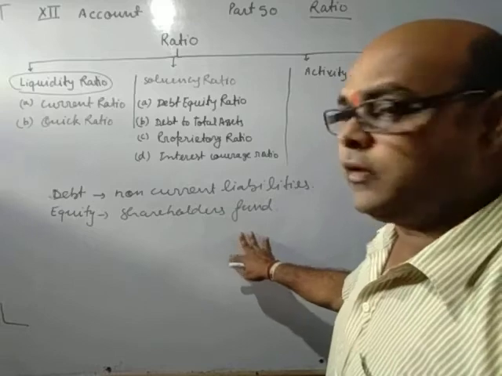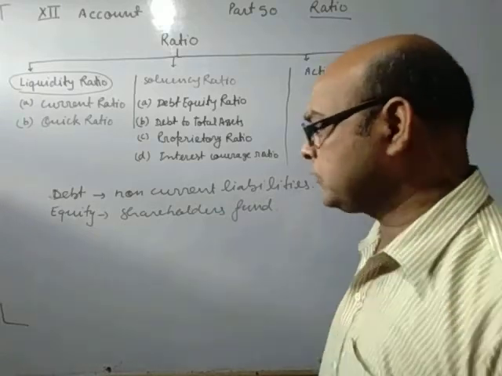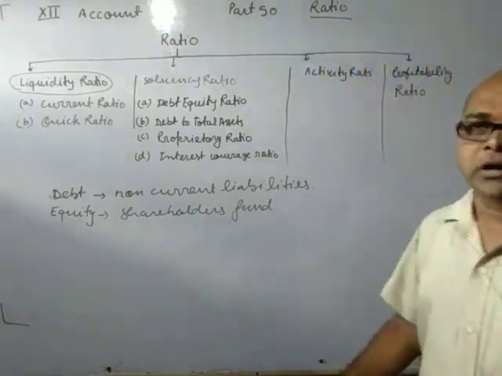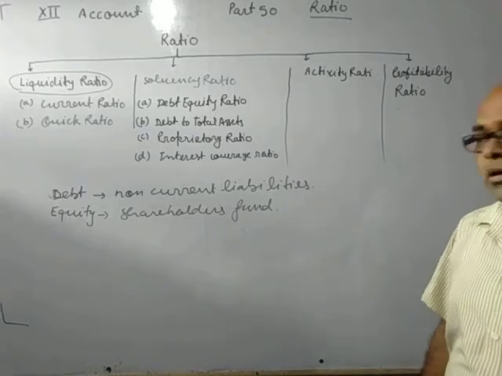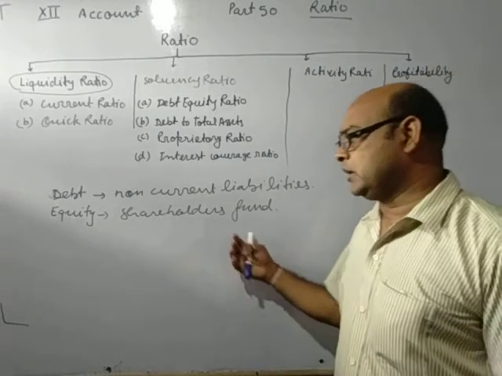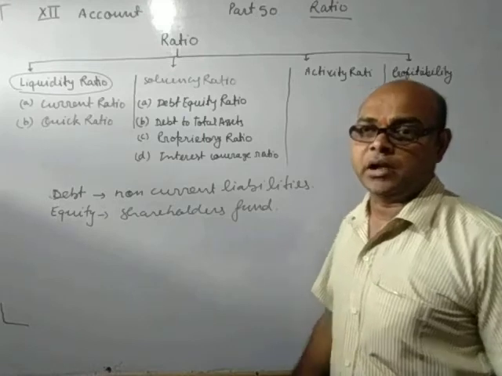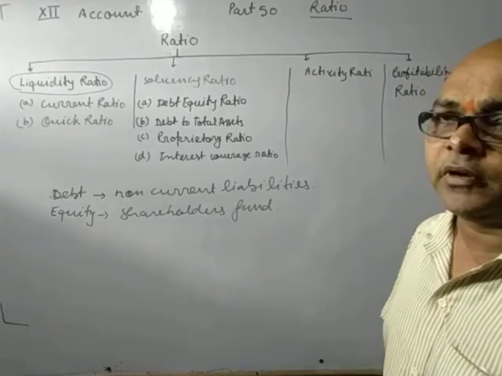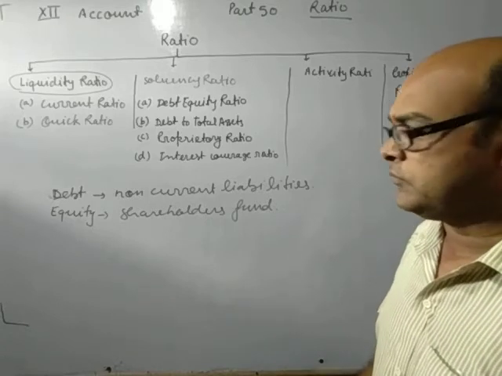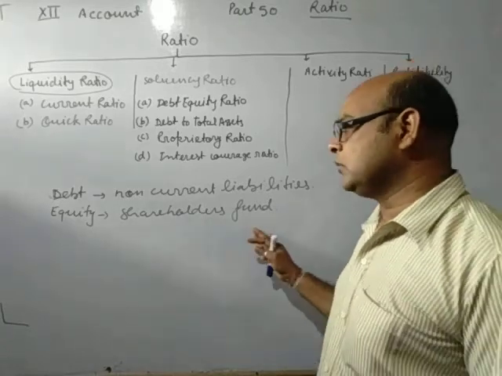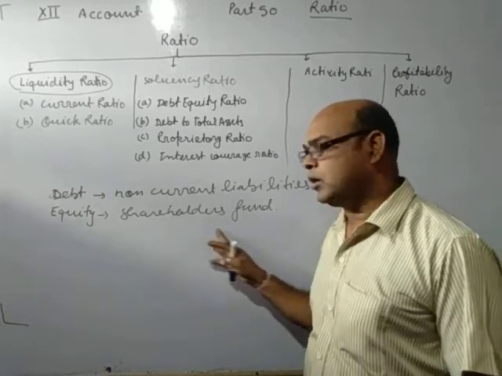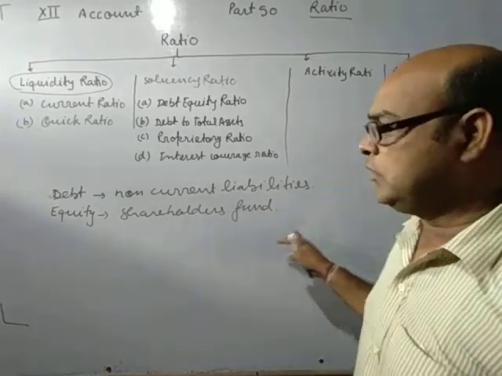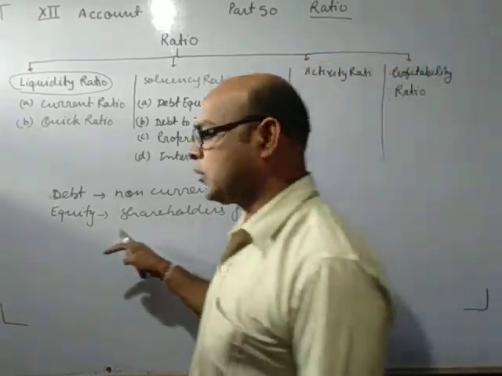And in shareholder fund, all the funds of the equity holders come. For example, share capital, reserve and surplus, accumulated profit, workman compensation fund, all these will come under the category of shareholder fund, and when you add them, they will be called equity.